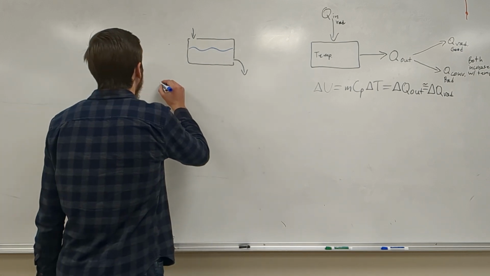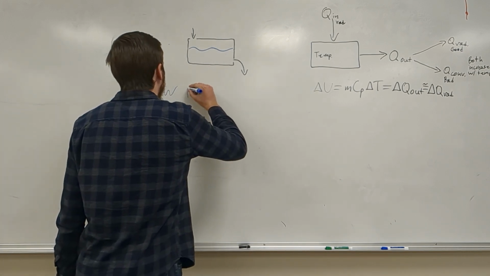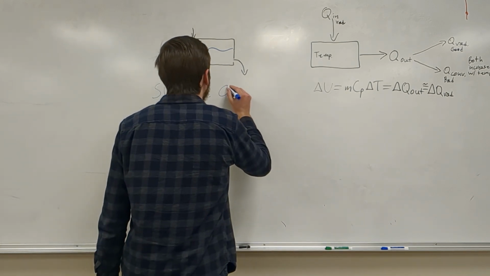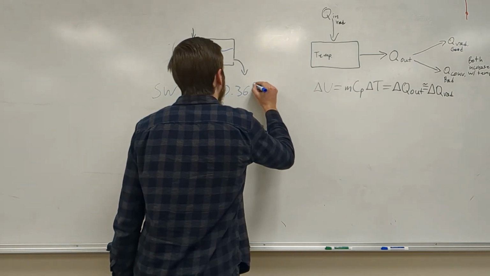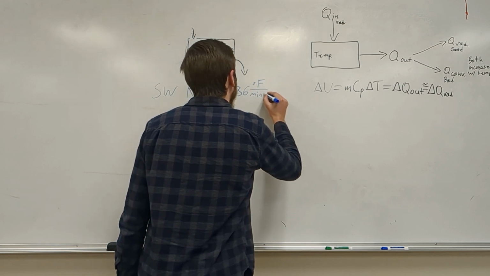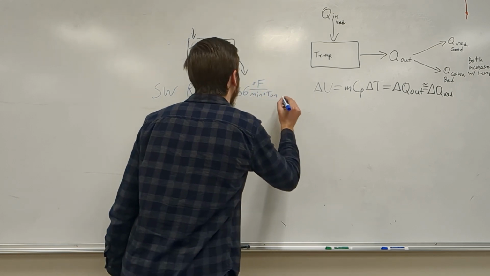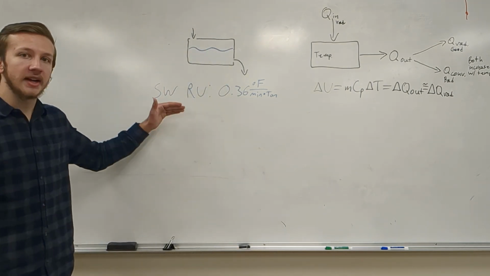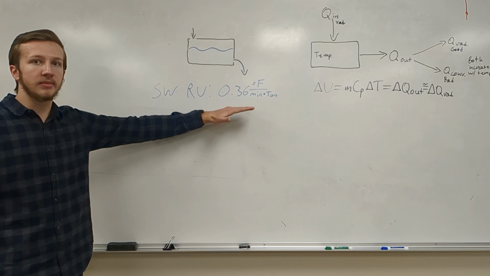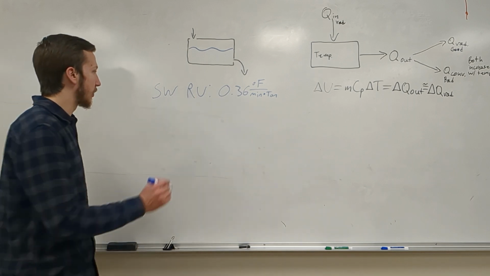So when you do that, for the straight wall ramp up, you get a slope of 0.36 degrees Fahrenheit per minute per ton. So basically, for our straight wall, when the lights are on, it is increasing by 0.36 degrees Fahrenheit every minute per every ton of concrete.